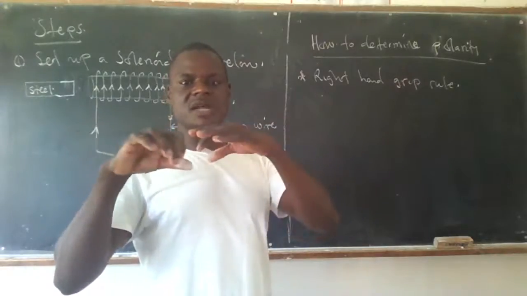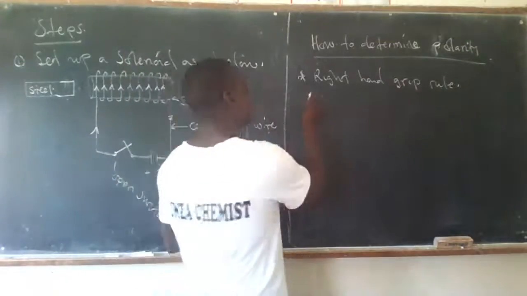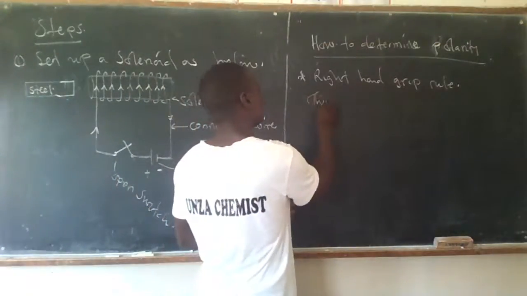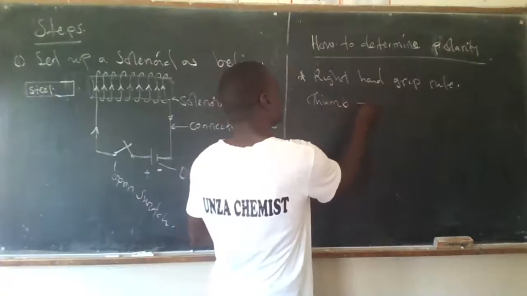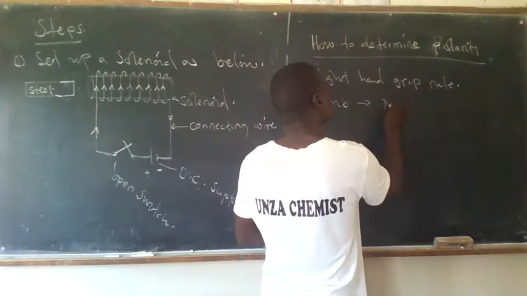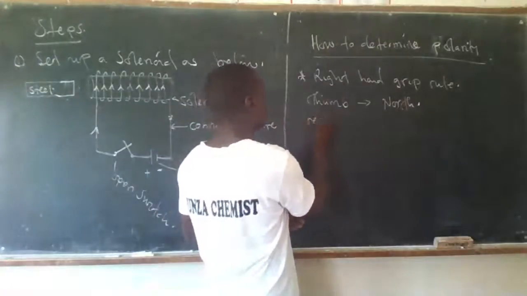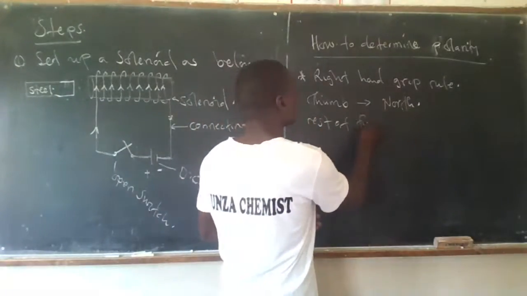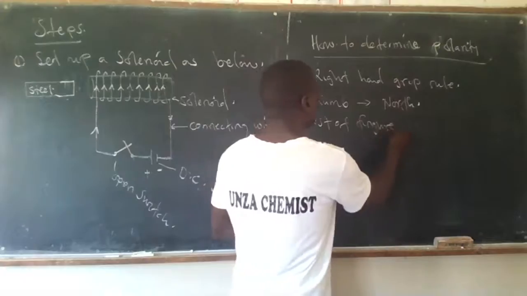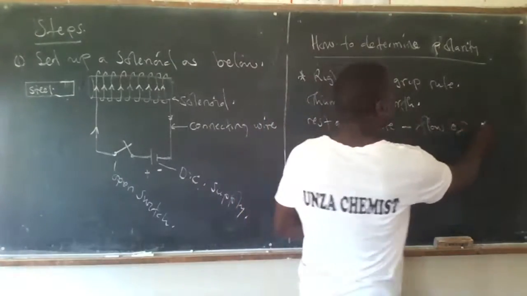You need to have the thumb, and the direction the thumb points to is the direction, and the rest of the fingers demonstrate the flow of current.